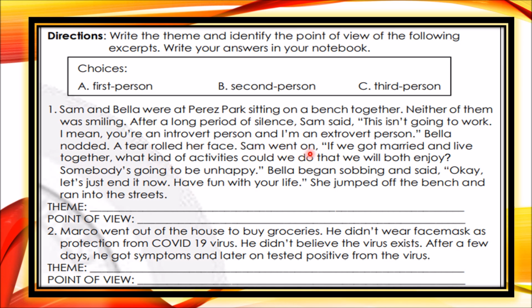Sam went on, "If we got married and lived together, what kind of activities could we do that we will both enjoy? Somebody's going to be unhappy." Bella began sobbing and said, "Okay, let's just end it now. Have fun with your life." She jumped off the bench and ran into the streets.